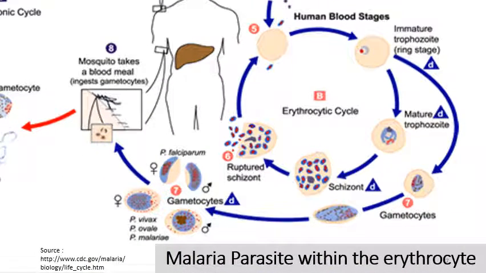the erythrocytic cycle within man. The erythrocytic cycle simply refers to the life cycle of the parasite within the red cell. This begins by merozoites getting attached and invading the erythrocyte, and then the cycle begins.